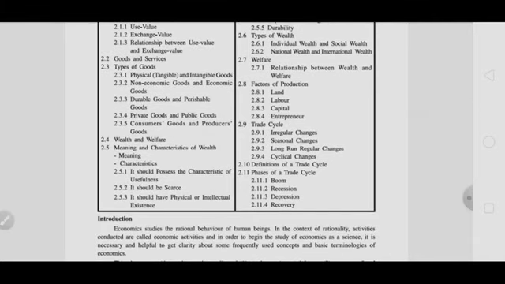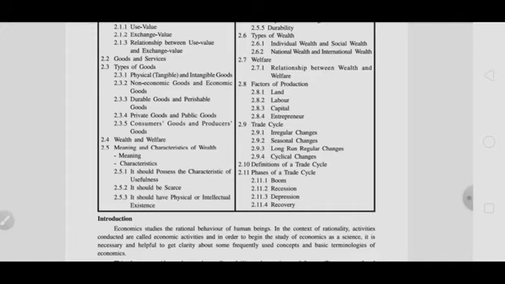I think factors of production and their introduction is already studied in standard 9th and 10th. Then we'll also discuss land, labor, capital and entrepreneur, their meaning and characteristics. Then we'll move forward to the trade cycle, its stages and importance, the definition of a trade cycle and phases of the trade cycle.